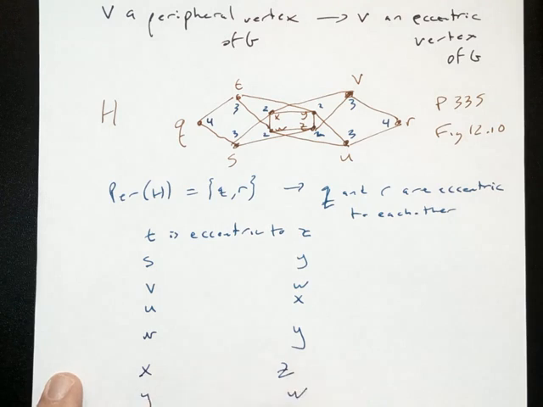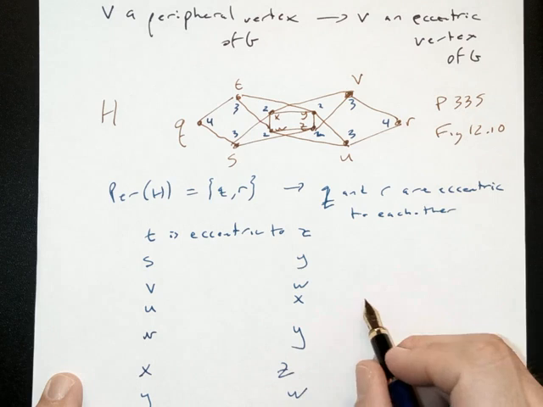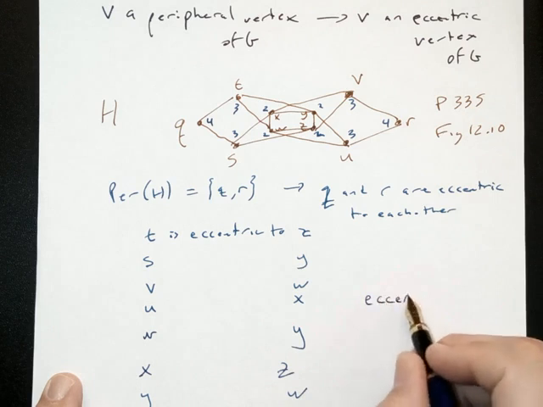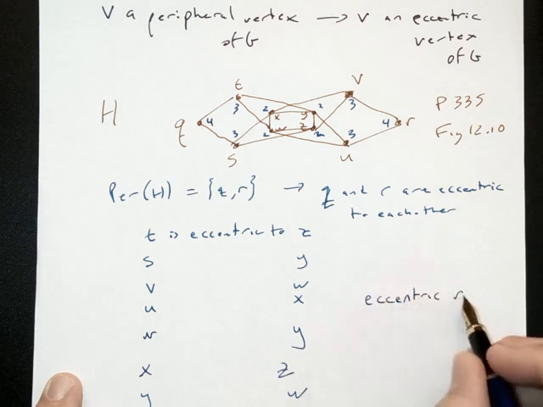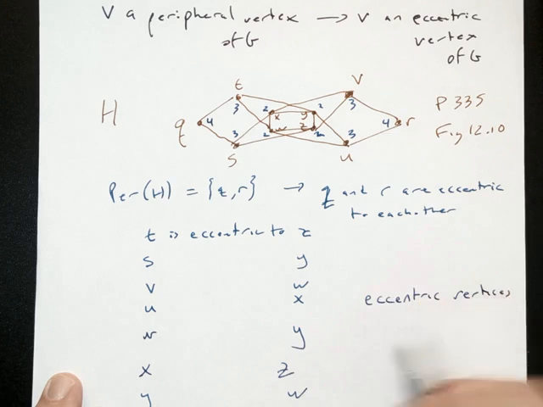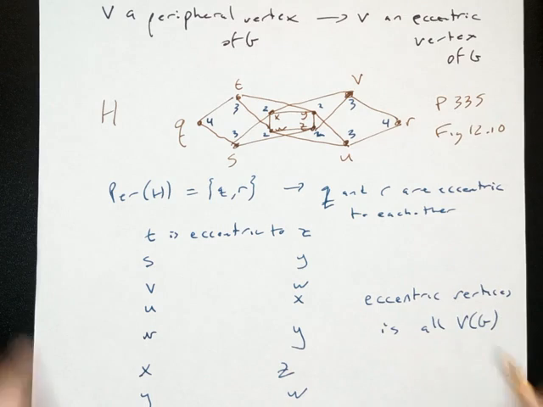Wait a minute. The set of eccentric vertices is all of them. Oh. Every vertex is eccentric to something, but only 2 of them are peripheral.